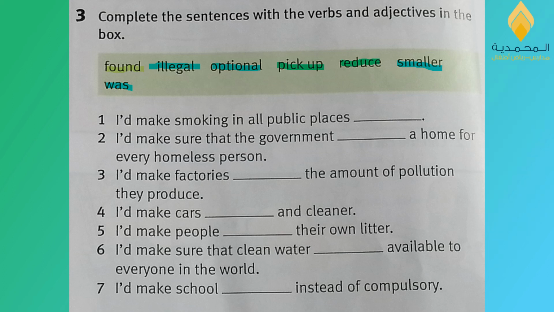Yes, pick up. 6. I'd make sure that clean water dash available to everyone in the world. So what do we do with clean water? Was available. Yes. 7. I'd make school dash instead of compulsory. Compulsory means you are forced to do it. So you want something to be as you please, so it would be optional.